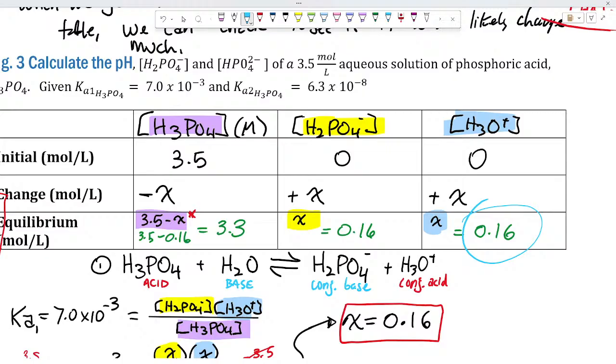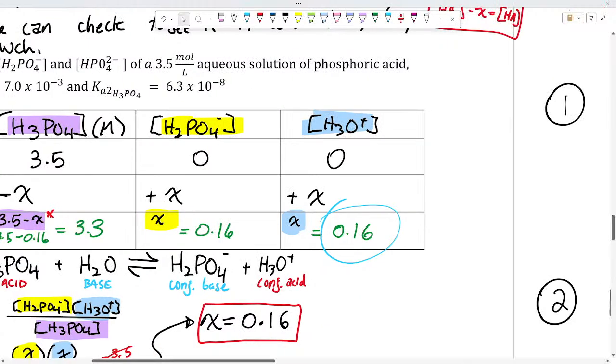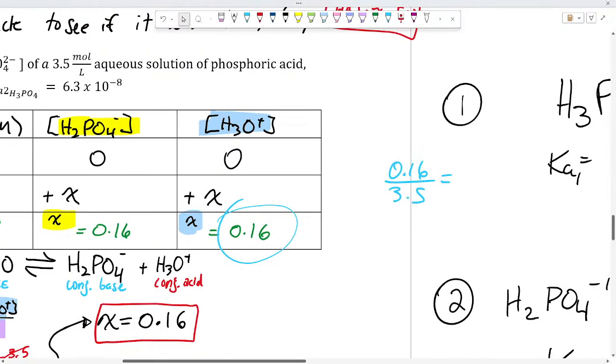That is a really low percentage, right? What's 0.16 out of 3.5? That's going to be like 5%, give or take. Yeah, so 4.5%, right?